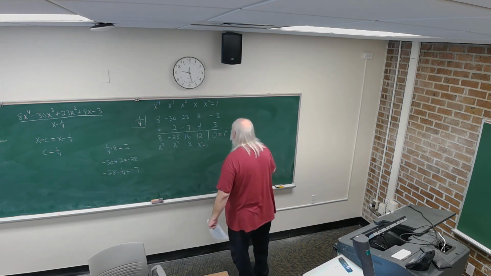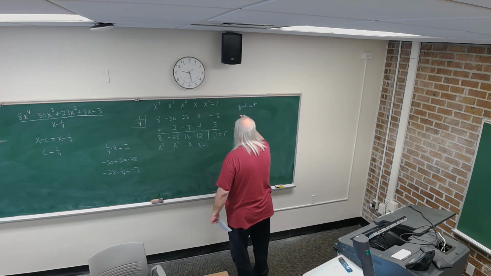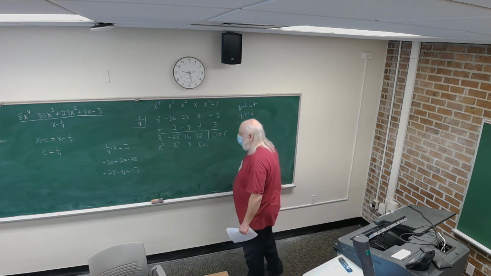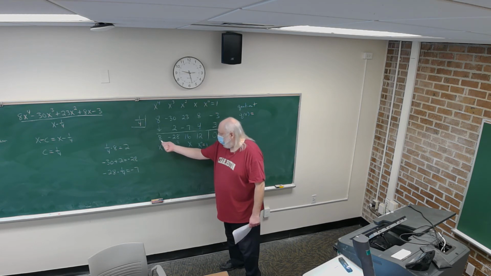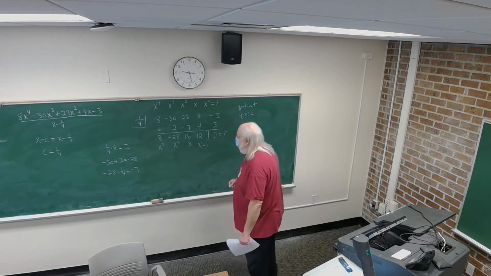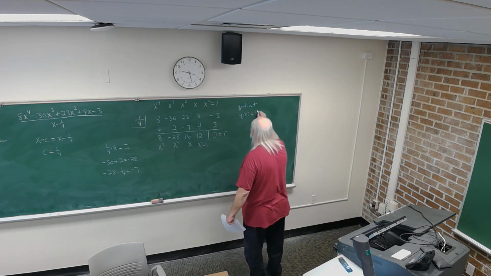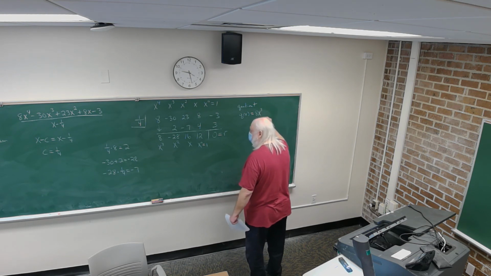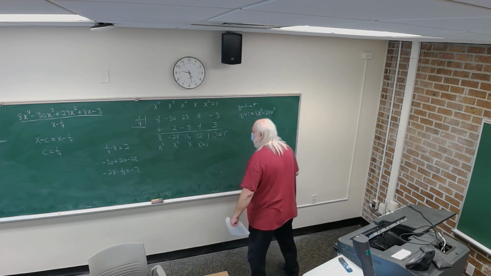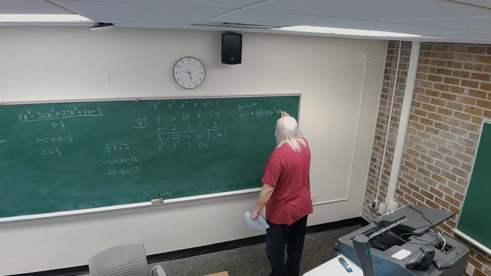So the quotient q of x is equal to, we multiply the coefficient times its x term. So we have 8 times x cubed minus 28 times x squared plus 16x plus 12 times 1, which is 12.